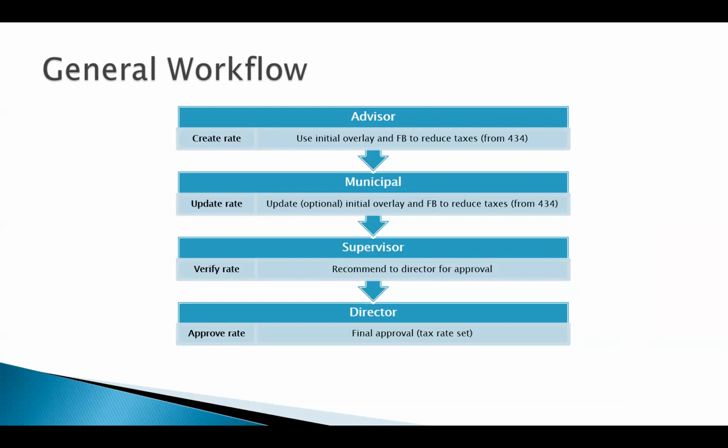Once the advisor approves that rate, it will go to the municipality for review, and you can optionally update your overlay and your fund balance to reduce taxes. Once you approve the rate, it goes to the DRA supervisor, who reviews and recommends it for director approval. And then the final step is the director approval, and this is when your final tax rate gets set.